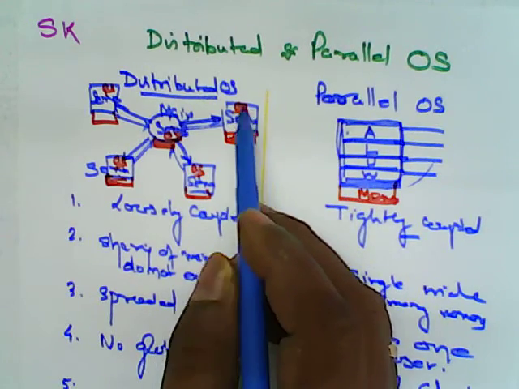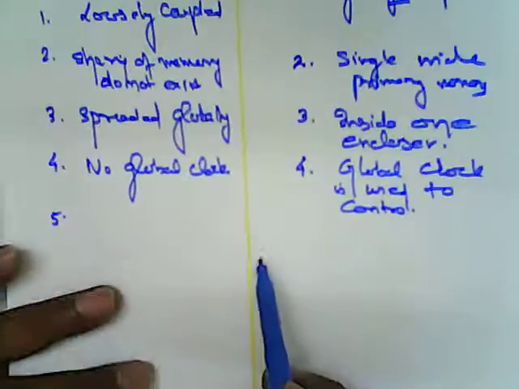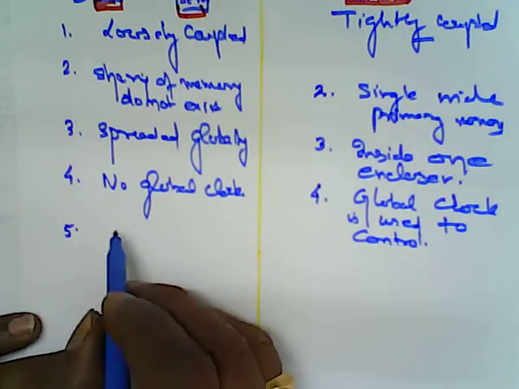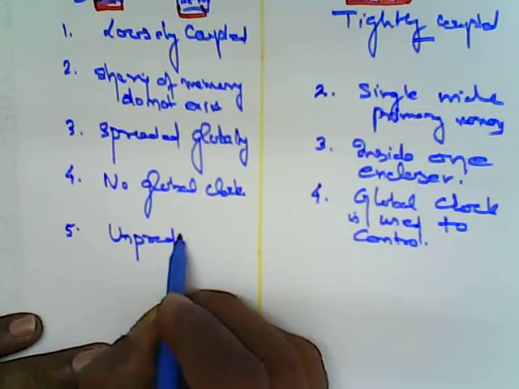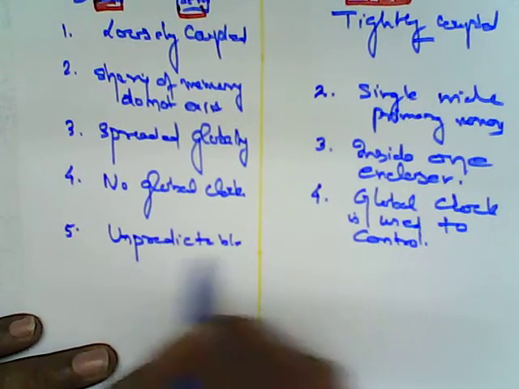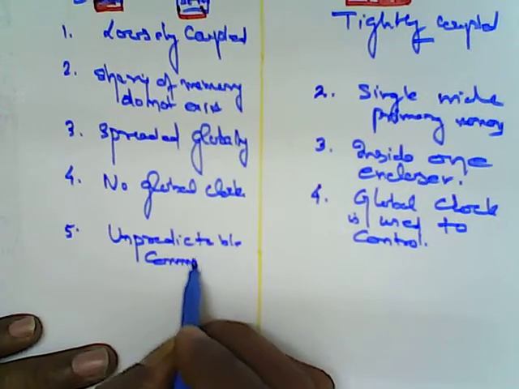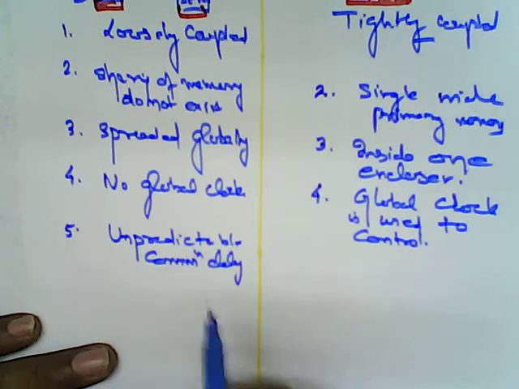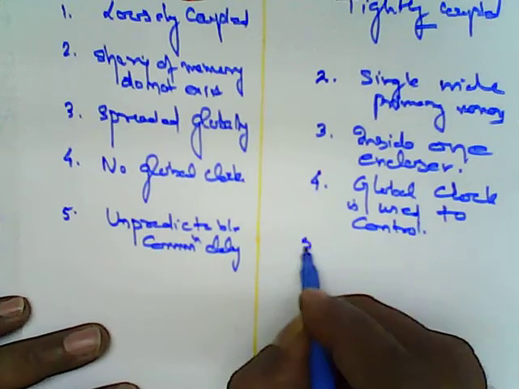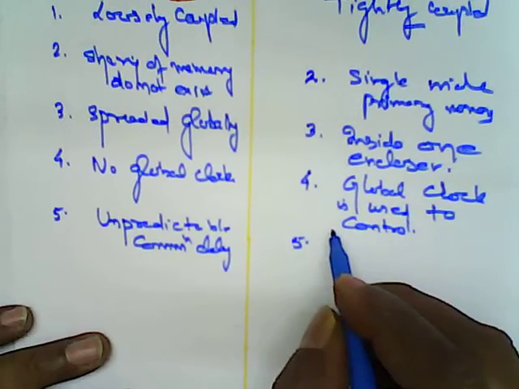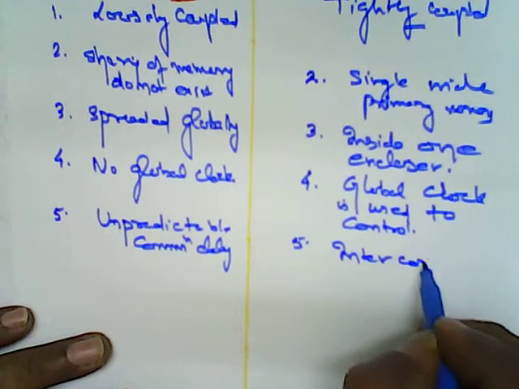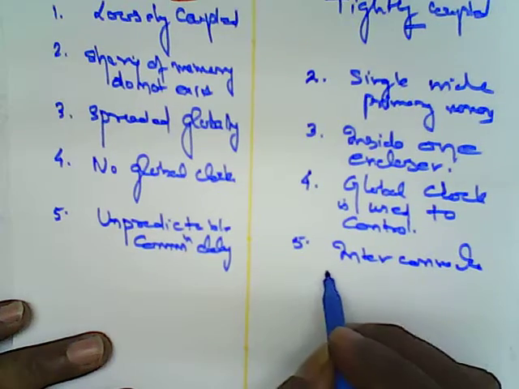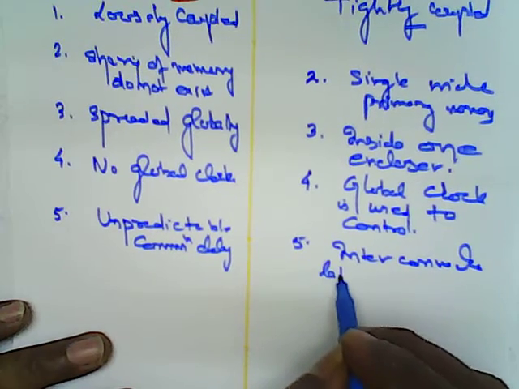So that's why, in this case, there is unpredictable communication delay. Whereas in this particular scenario, the interconnection latency, meaning delay, is minimum.